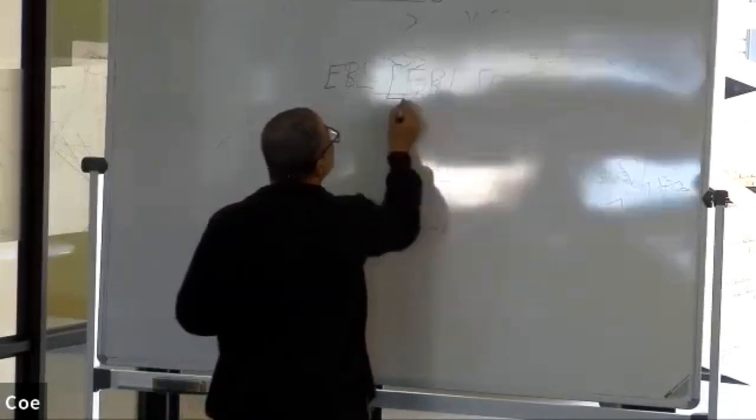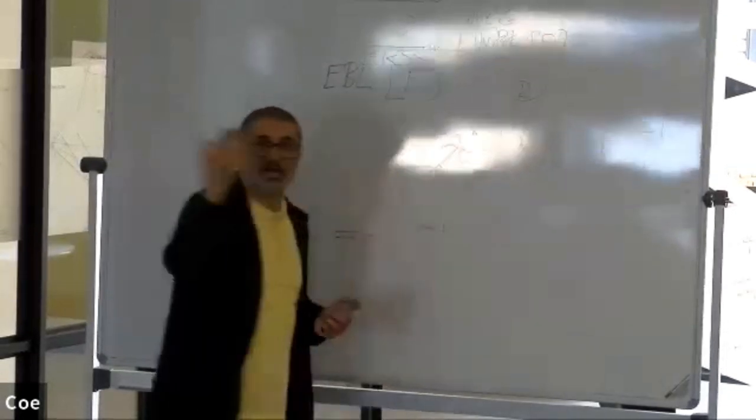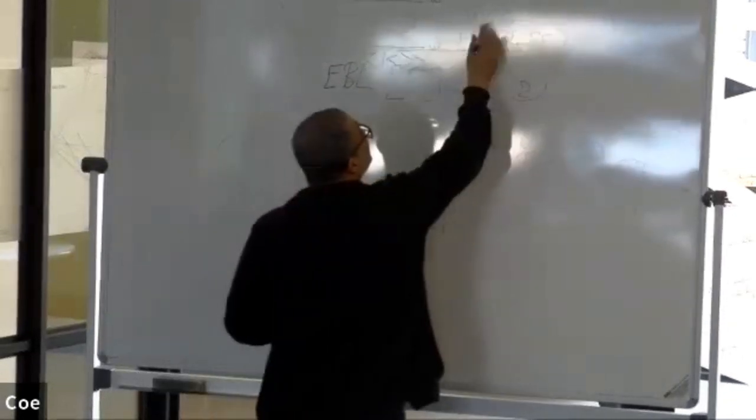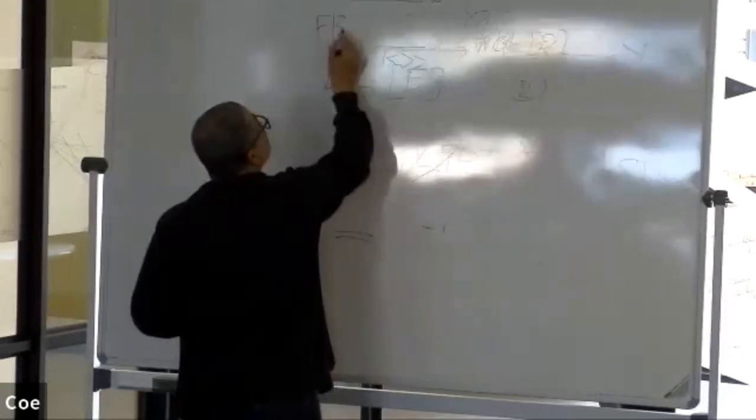But this is the second item. The first was the free Banach lattices generated by a set.